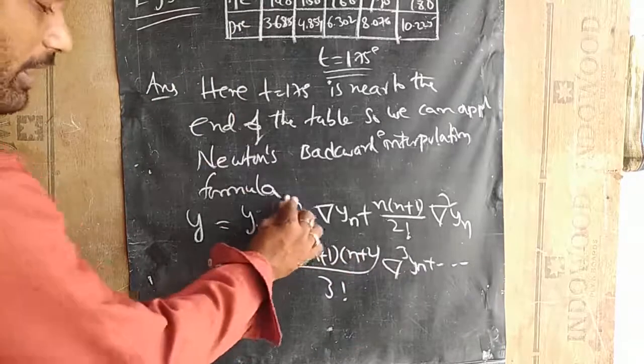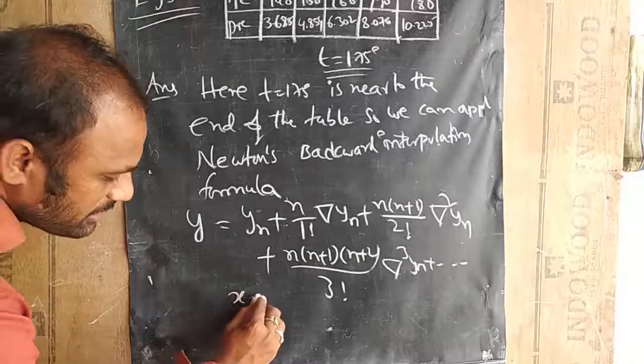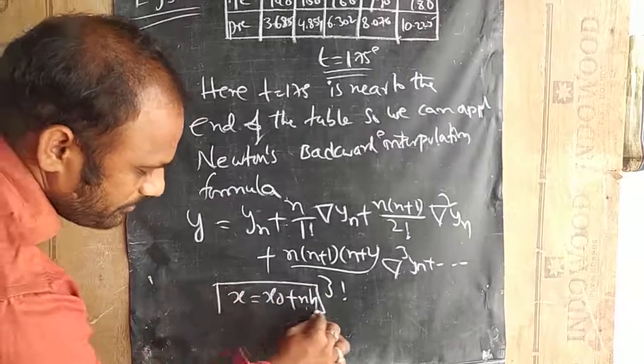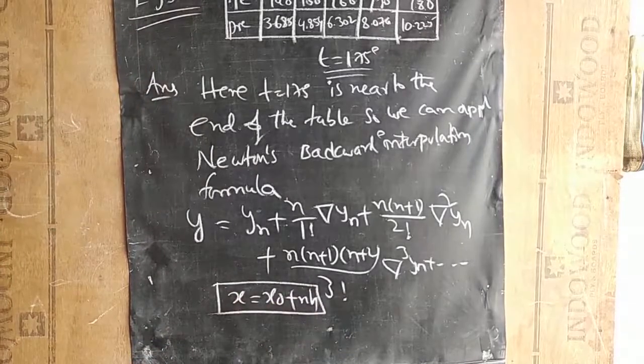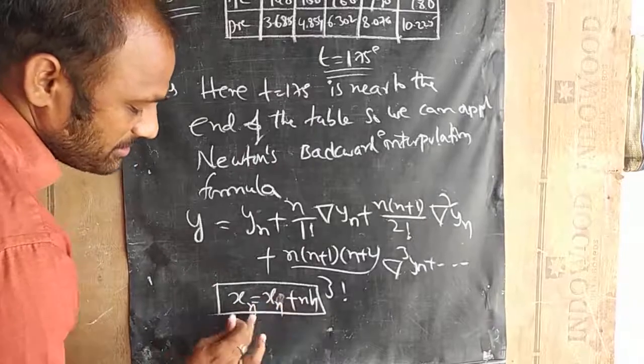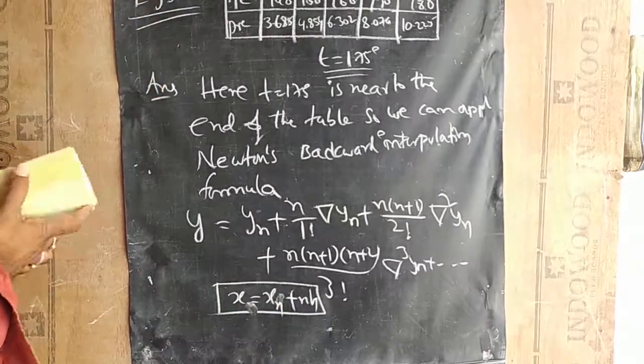Now find out this n value. So how to get this n value? x is equal to x naught plus nh. Since we are in backward, we have to use xn plus nh.